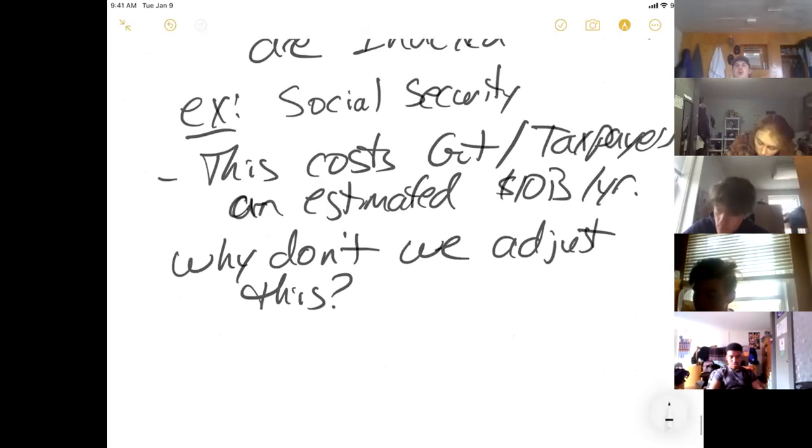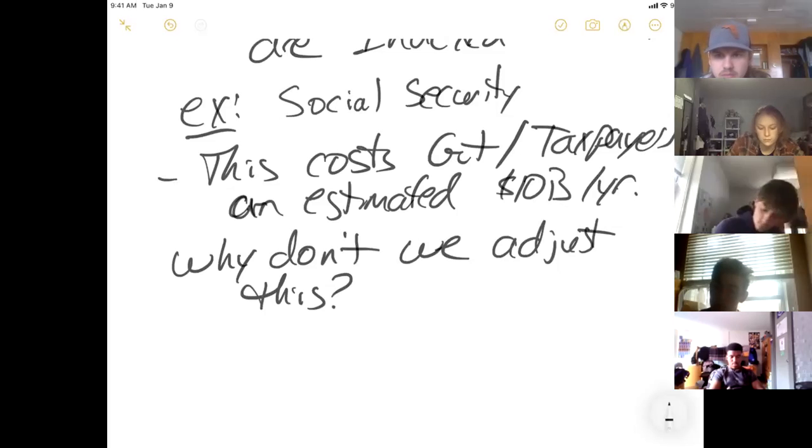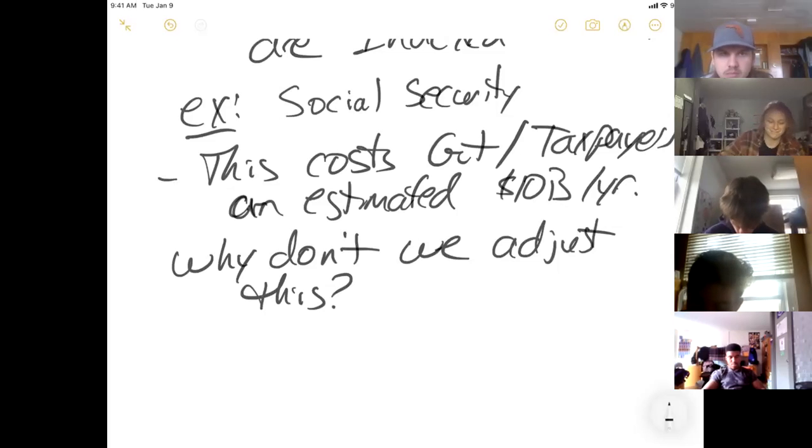Economists know that the consumer price index has problems, so why don't we just adjust the consumer price index so that we adjust people's Social Security checks a little bit more accurately? Who's going to throw a fit? Grandma, right?